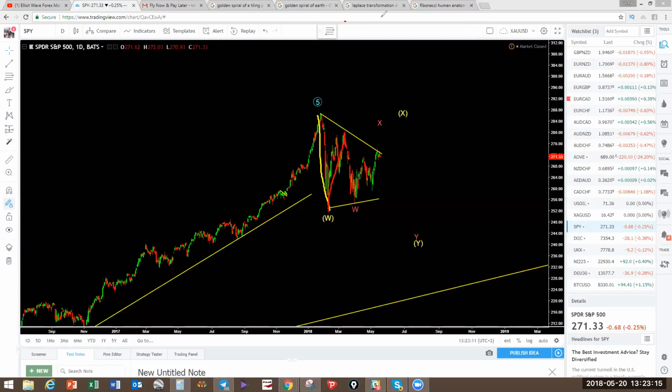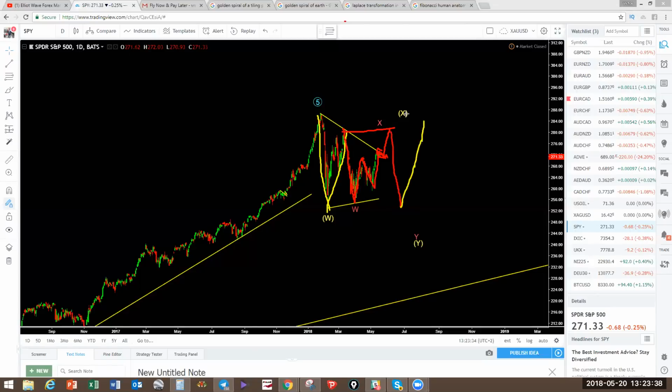You had a passing move there, and now you're getting this red degree here doing this. And this could come. We're correcting here. We want to come and test this top here. And then from there, this may come back down here for this one.